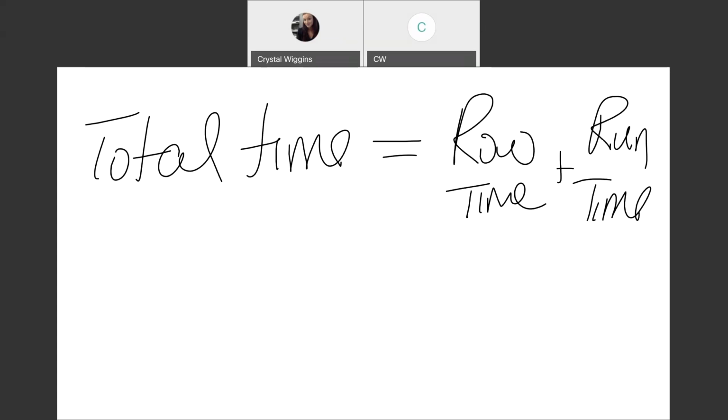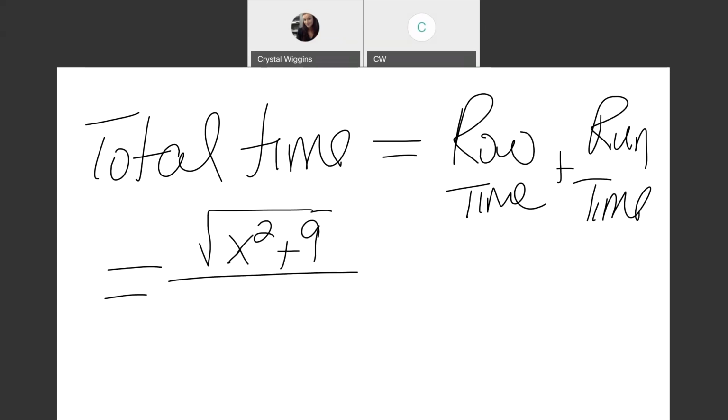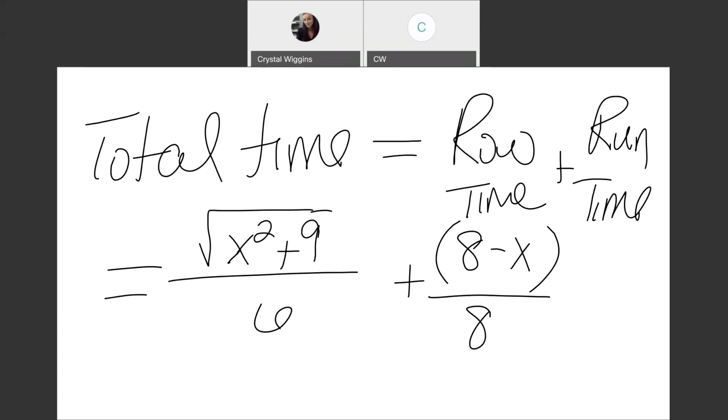We just found that the row time is the square root of x squared plus 9 divided by how fast he rows, 6 kilometers per hour, plus the run time, which was 8 minus x divided by 8 kilometers per hour, which is how fast he runs. So this is our total time equation.